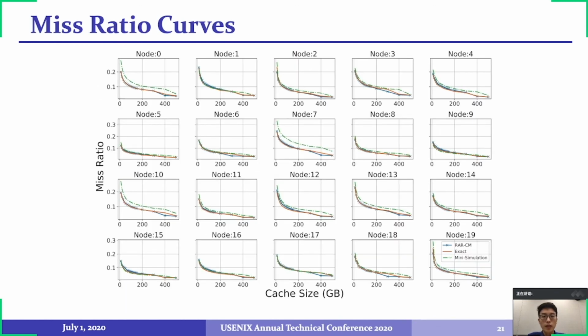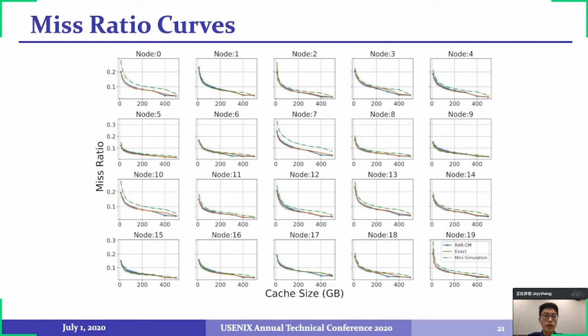First is the miss ratio curves. The figure shows the miss ratio curves of the reaccess ratio based cache model, shown as a blue solid line with a cross, the miniature simulation based on SHARDS, shown as a green dotted line, and the exact simulation, shown as an orange solid line.